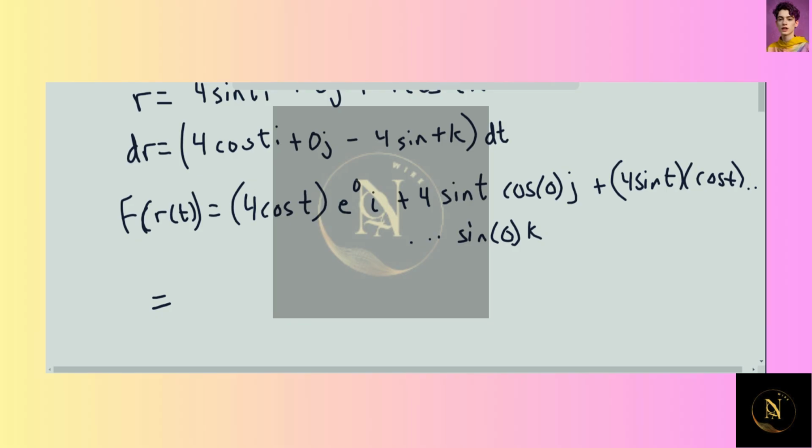If you simplify that, you'll get 4 cosine t i plus 4 sine t j plus 0 k.